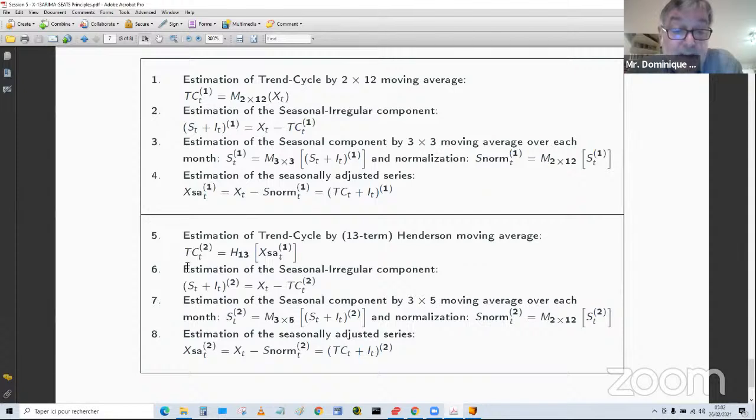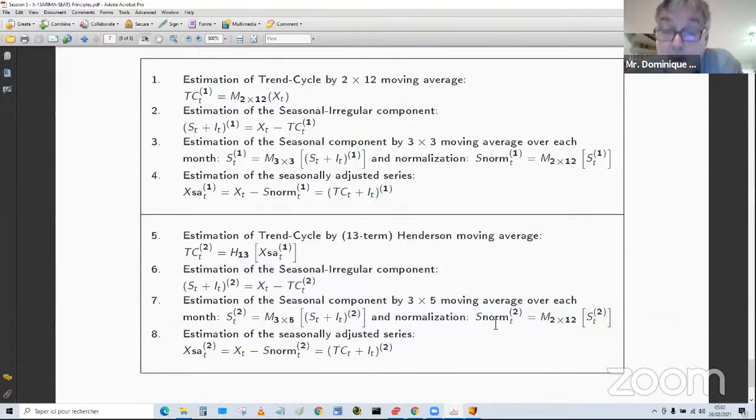When I have this estimate of a trend cycle, I get a new estimate of a seasonal irregular component by removing the trend cycle from the raw data. And I will redo the estimation of a seasonal component for each month or for each quarter, depending on the periodicity of a series.